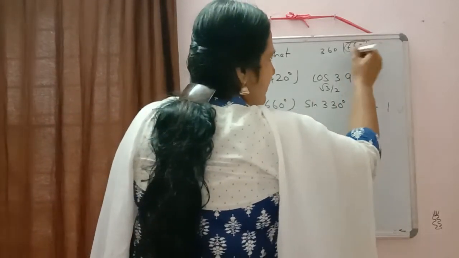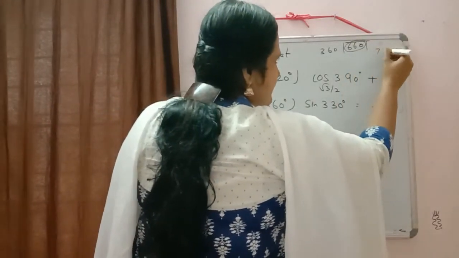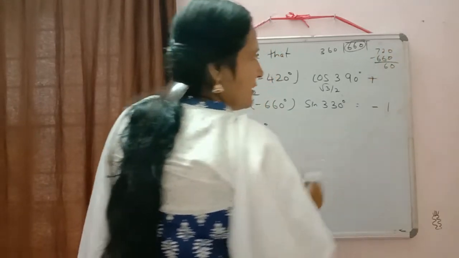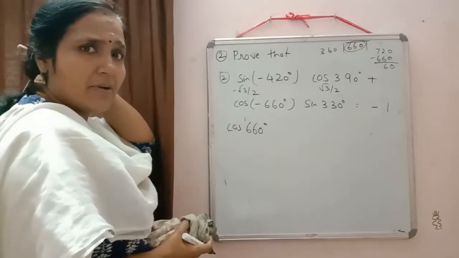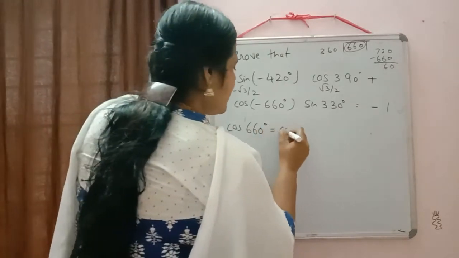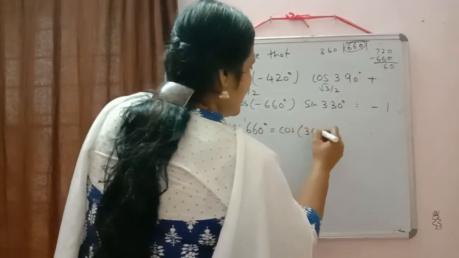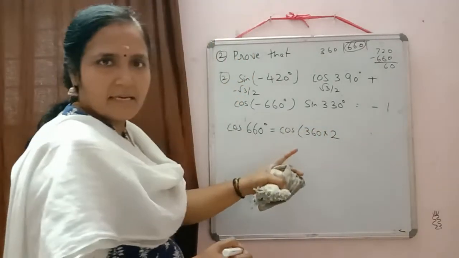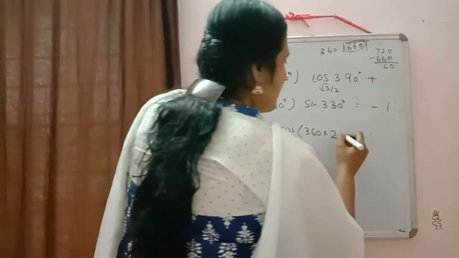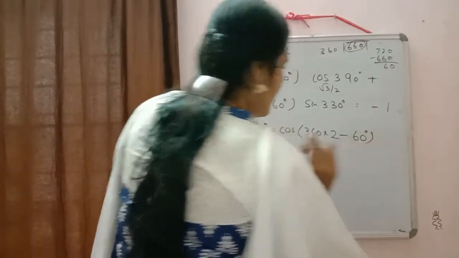So 720 will be greater. So we will just check there: 720 minus 660 is 60. Correct. So it can be written as 720 minus 60 also. So we will rewrite in this way: cos of 360 into 2 minus 60 degree.